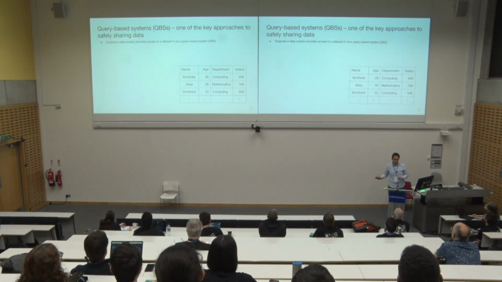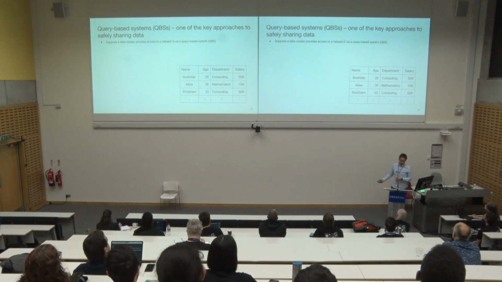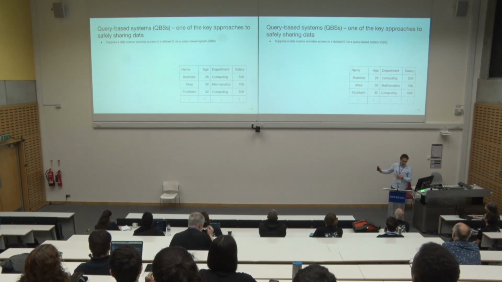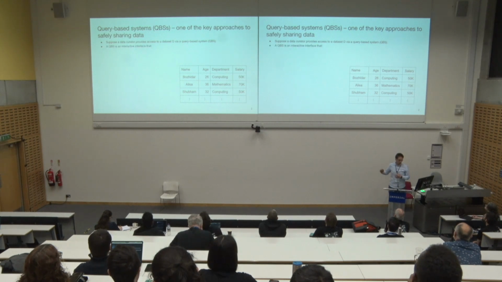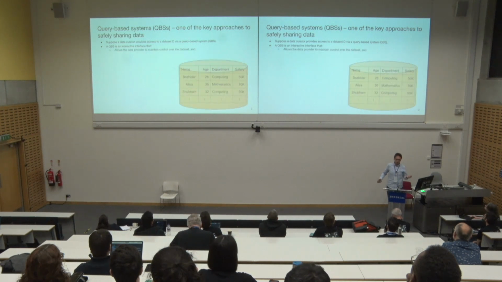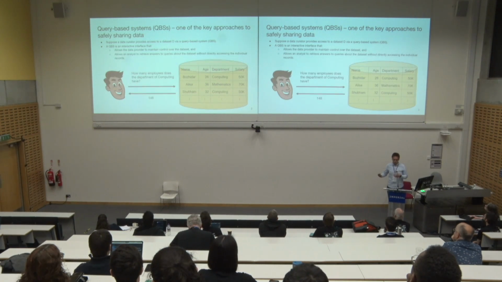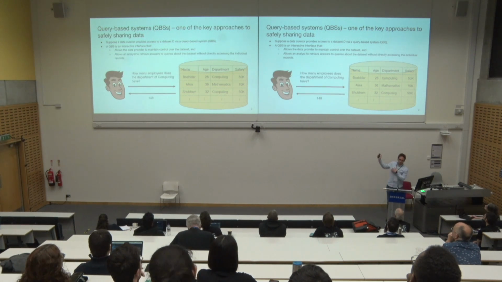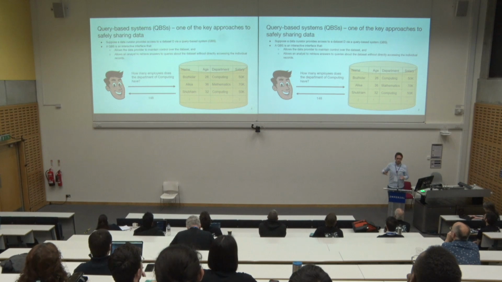Query-based systems, or QBSs, are one of the key approaches to safely sharing data. Consider the following made-up dataset about employees at Imperial. A QBS is an interactive interface that allows the data curator to maintain access to the dataset and allows analysts to ask queries about the dataset and retrieve aggregate answers about it.